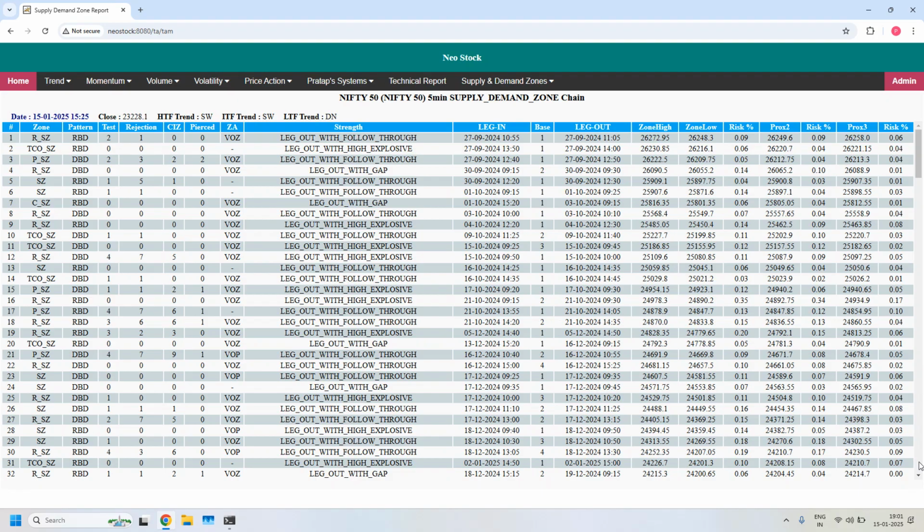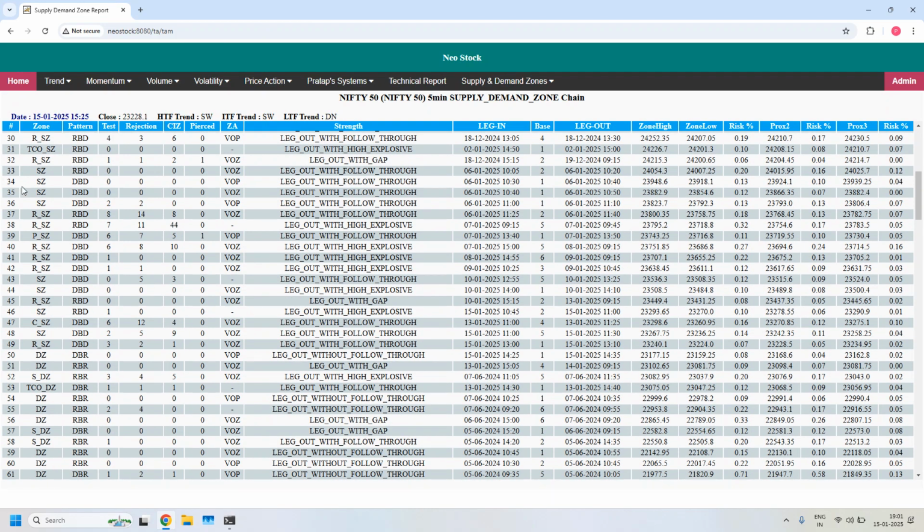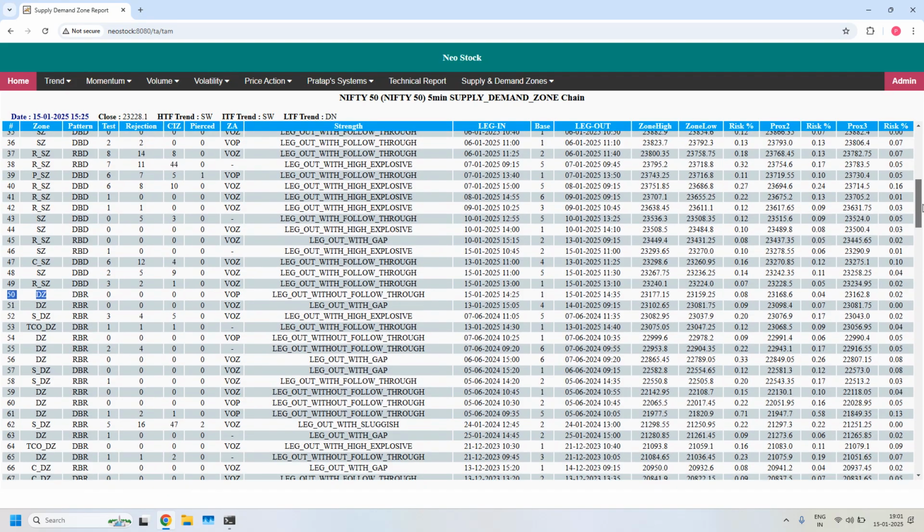I'm scrolling the list down. So here you have the nearest demand zone and this is the nearest supply zone, 49. Okay, this is about Nifty supply demand zone chain.